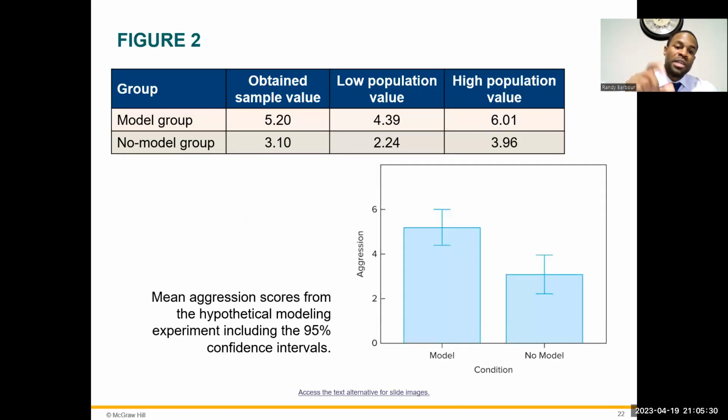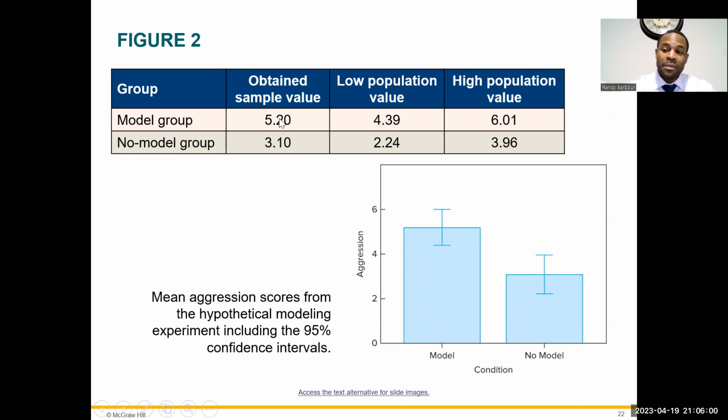Okay, so if we're looking at the example, we're looking at a confidence interval, right? The model group had a 5.20, the no model group had a 3.10, and these are the confidence intervals for a 95% confidence interval. That means I'm 95% confident about my population value. These are sample values, right?